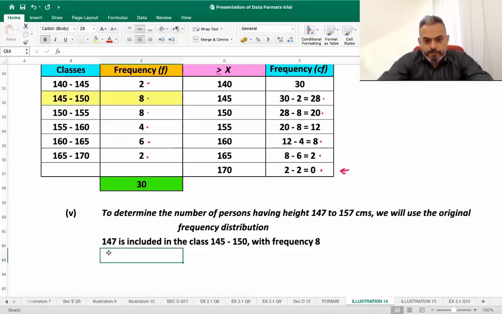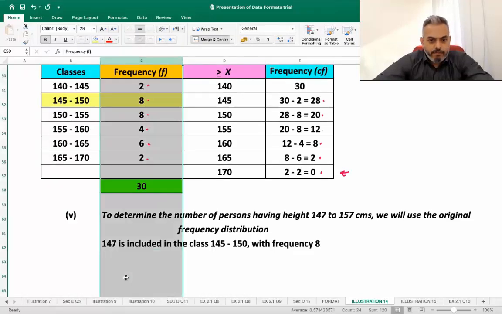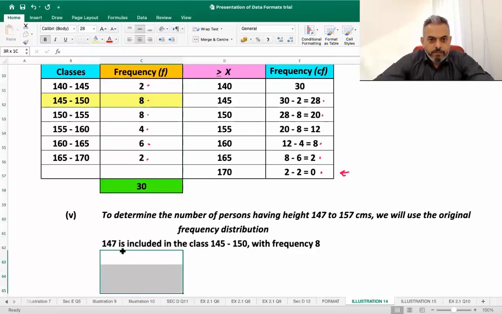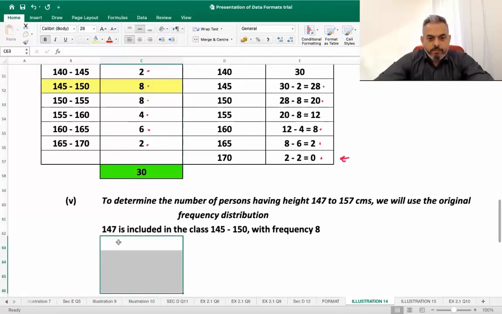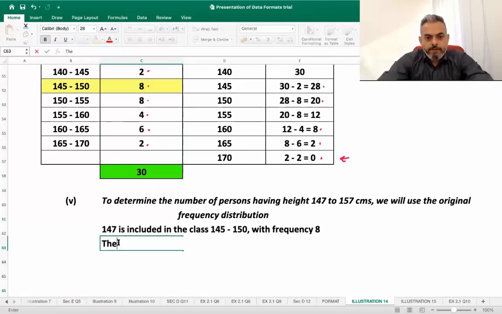Therefore, when class length is 5, how is it 5? 150 minus 145. Frequency is 8.